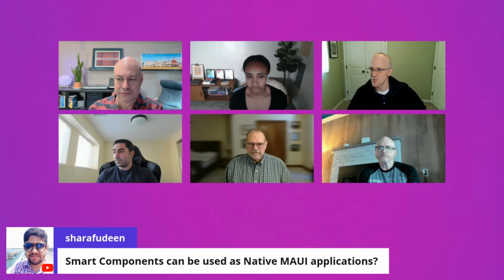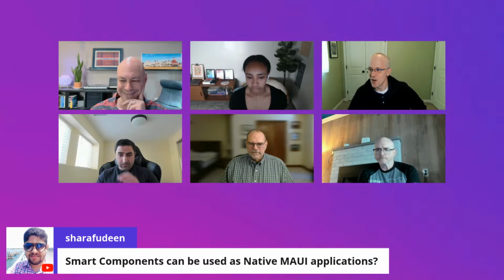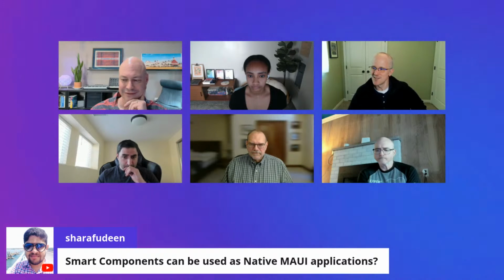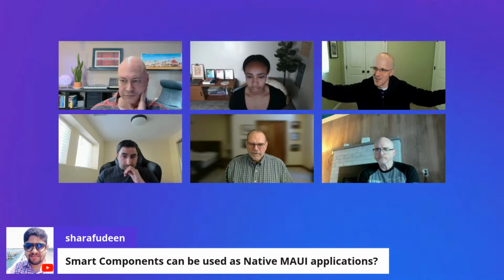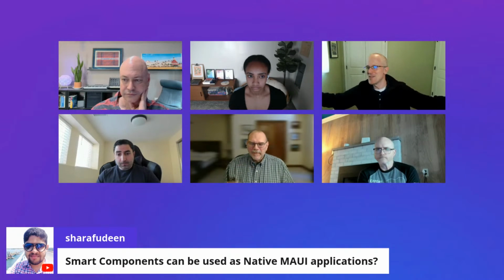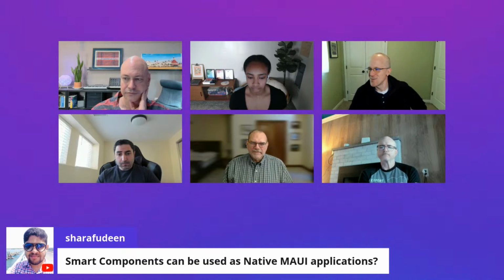So, should there also be native .NET MAUI components, native WPF, native WinForms? These are all things that are being talked about, but they're not available in the current form. It's an early experimental release, so we're trying to see how useful are these components? Did we build the right ones before we start building n copies of them and then realize, oh wait, we need to do something slightly different here.